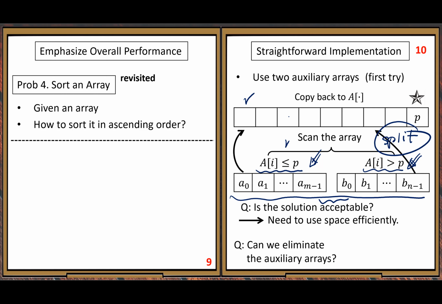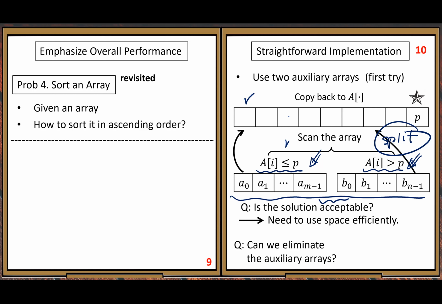The problem with this way is we use too much extra space. We double the space compared to the original data size.